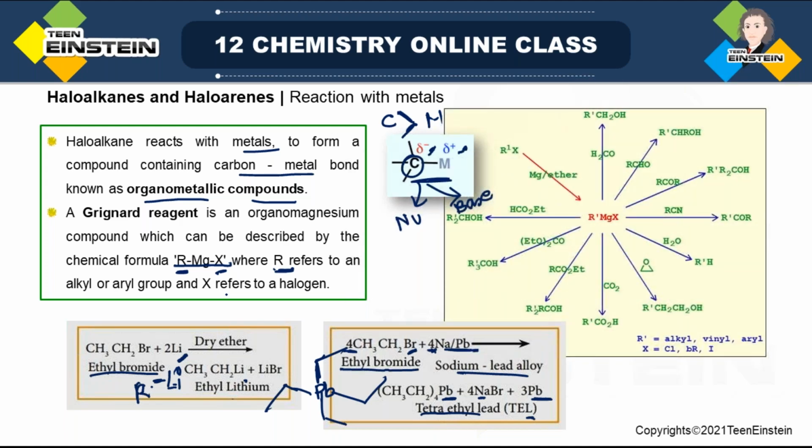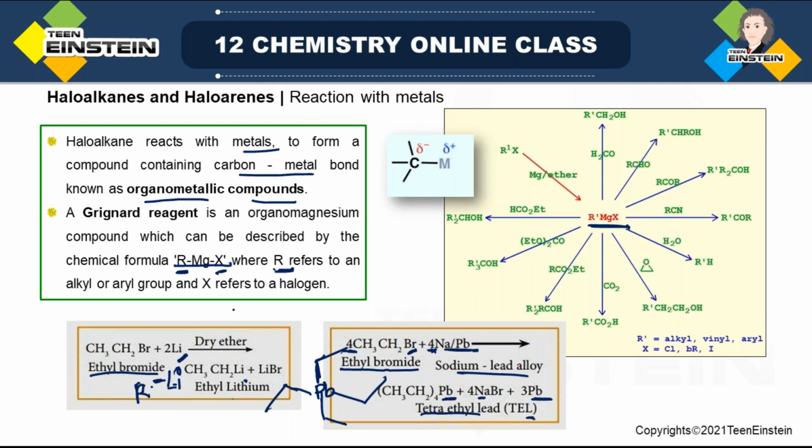Next we will see why organometallic compounds are so important. It is important because its application is very versatile. You can see from this example, huge applications for this molecule are possible depending on what kind of other reaction partner you have used. Suppose this is the molecule R'MgX, and how is it formed?